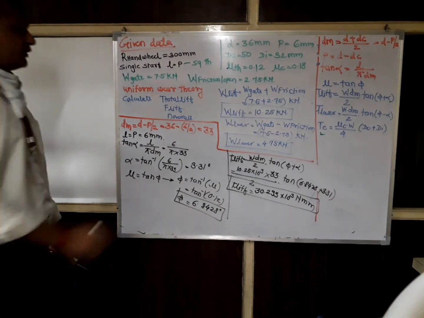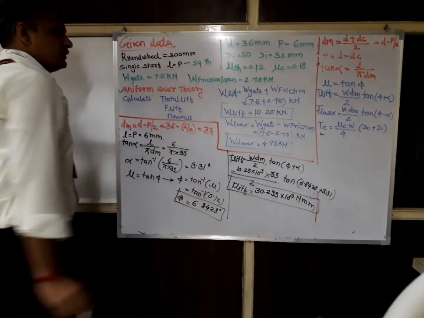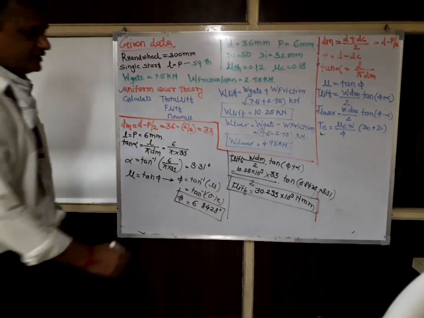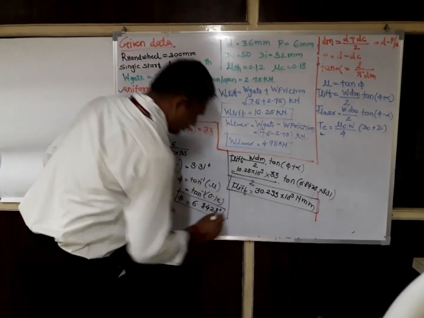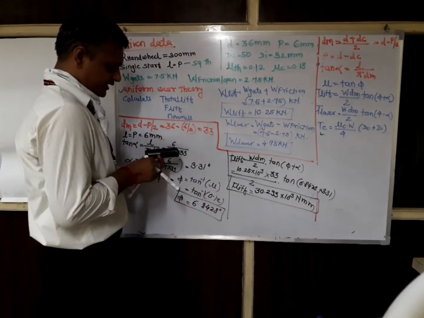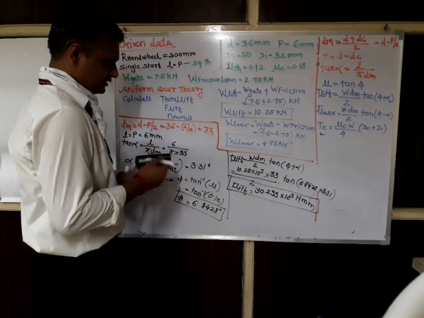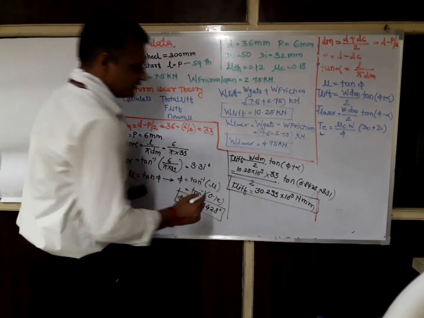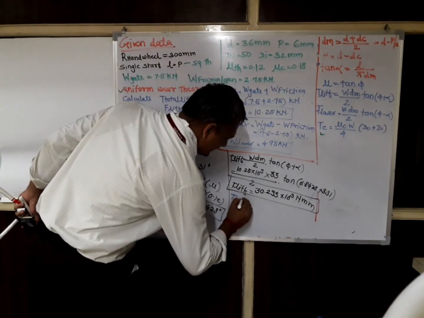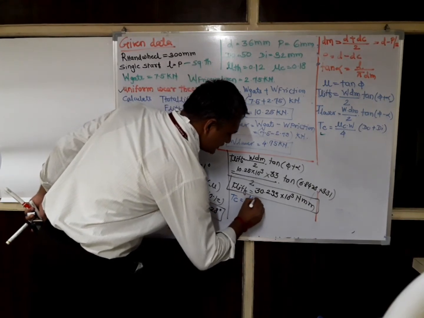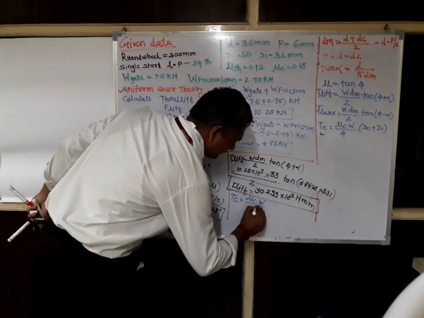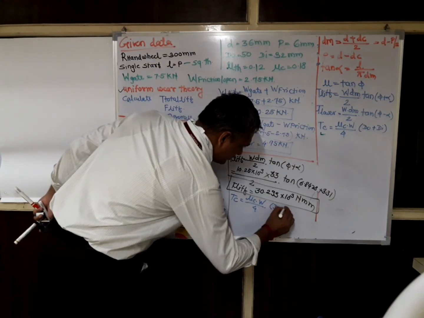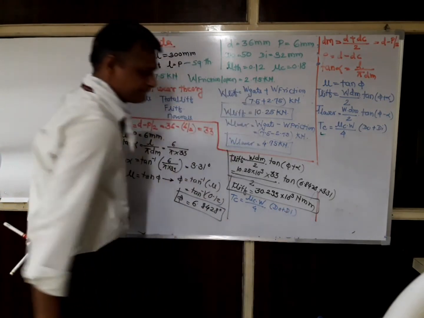They have given that the uniform wear theory is to be used for the collar friction. Therefore we can use the formula of the uniform wear theory, that is TC is equal to mu C into W divided by 4 into D naught plus DI.